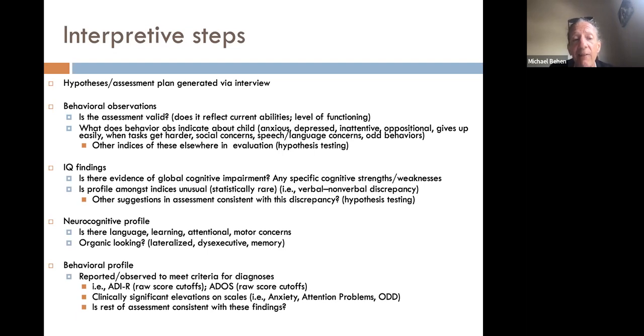And at the end of that section, there will usually be a comment that says something like, we think we got a really good, accurate depiction of the child's current level of functioning.